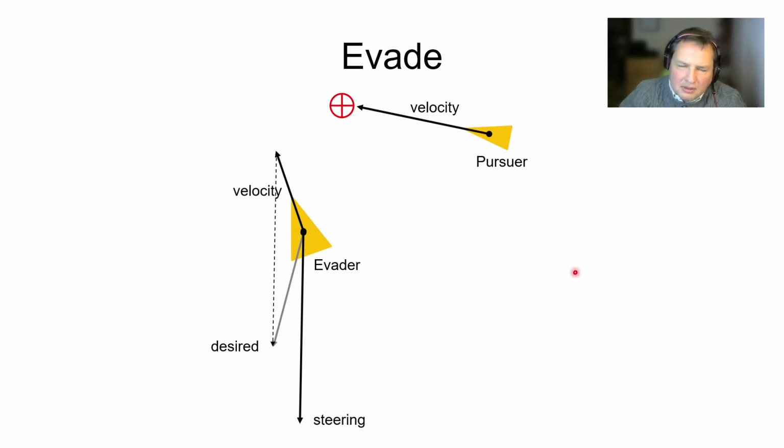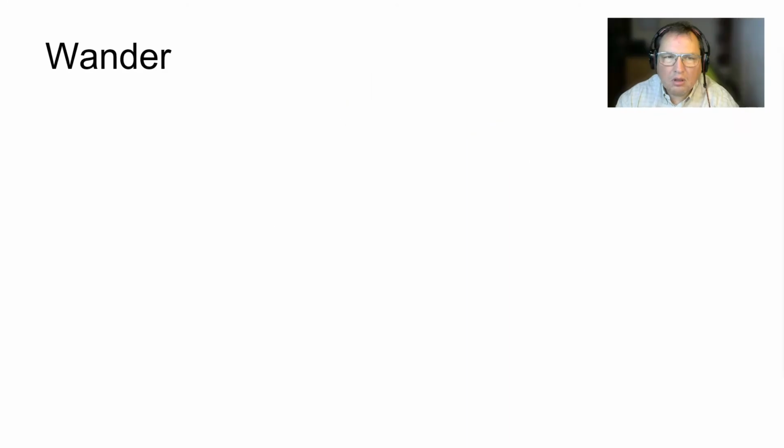The next behavior pattern is called wander. Wander is a very useful, even though not particularly exciting pattern. It is designed to produce an impression of a random walk through the agent's environment.